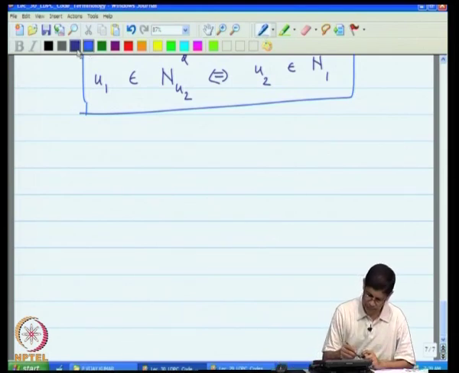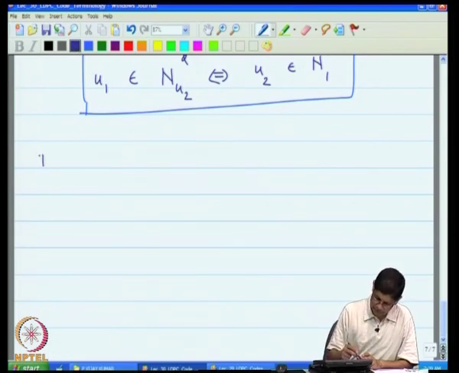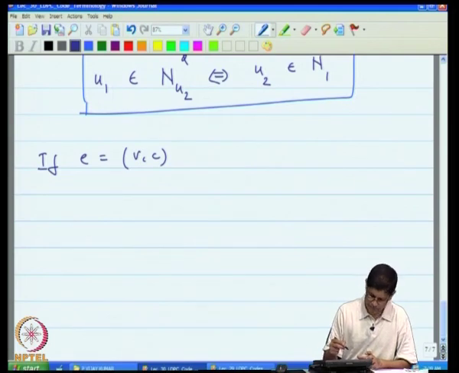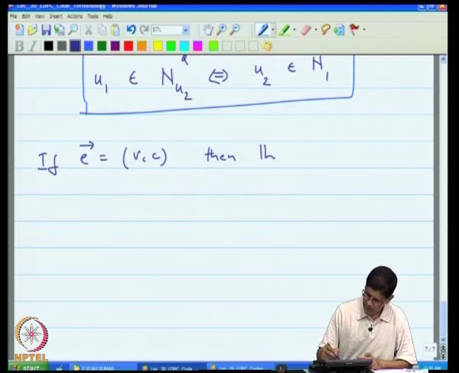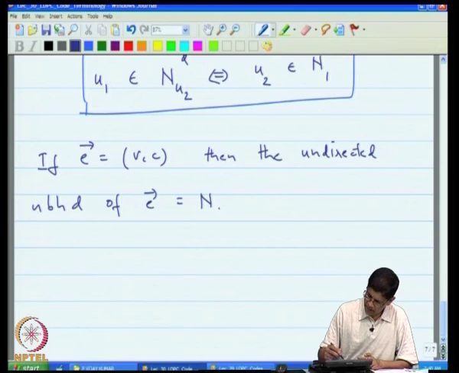Now, in a similar fashion, if E is an edge, then the undirected neighborhood of E is N_U union N_V.